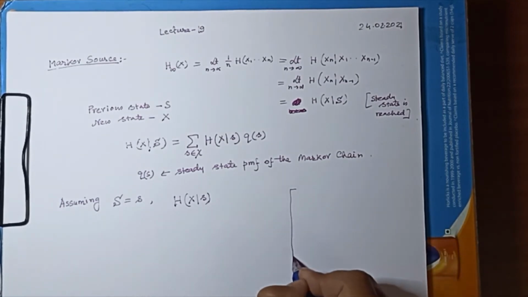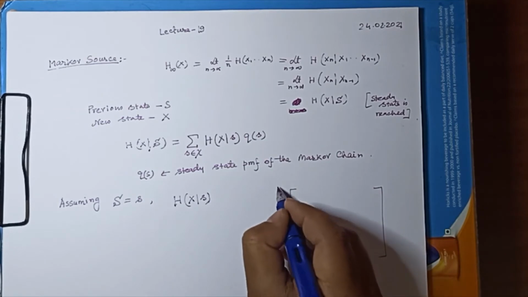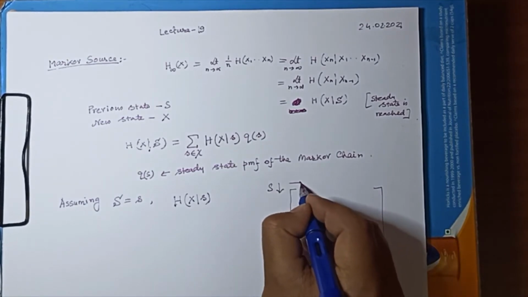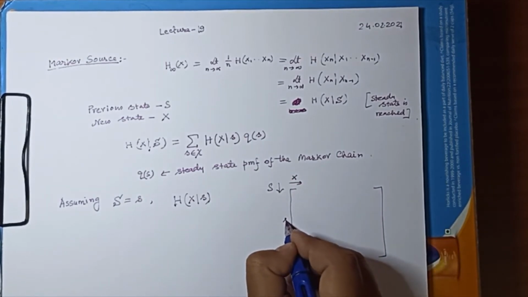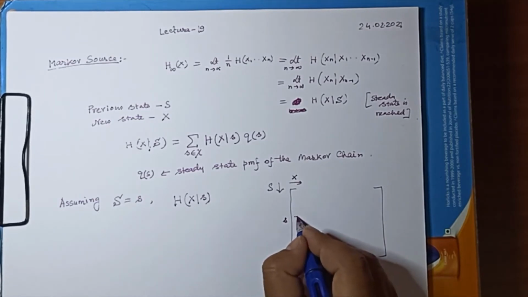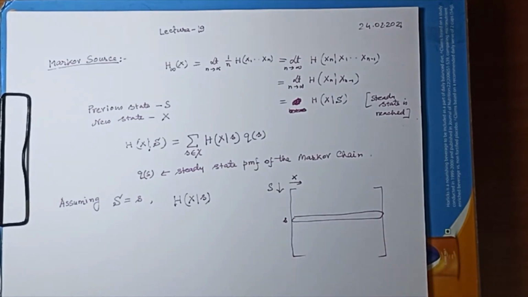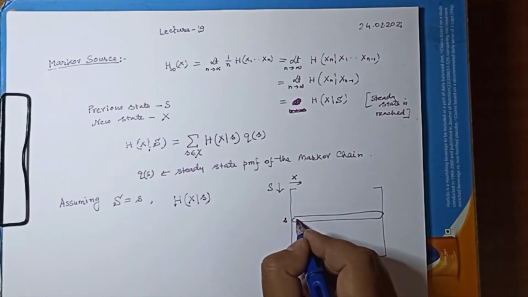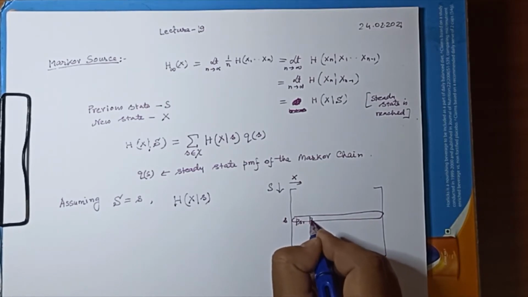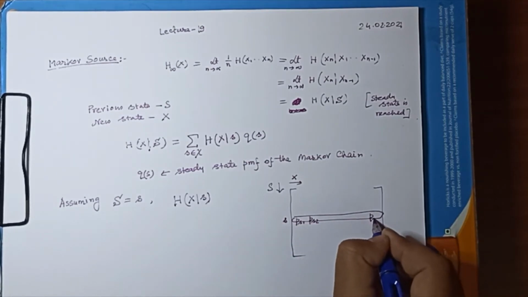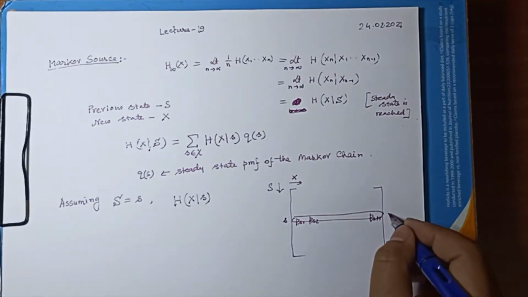For the Markov chain, these are the previous states s, and these are the next states x. So this is some value s, and for that, this is the corresponding row, which is a PMF: P s1, P s2, and so on up to P sM. The sum is equal to 1.